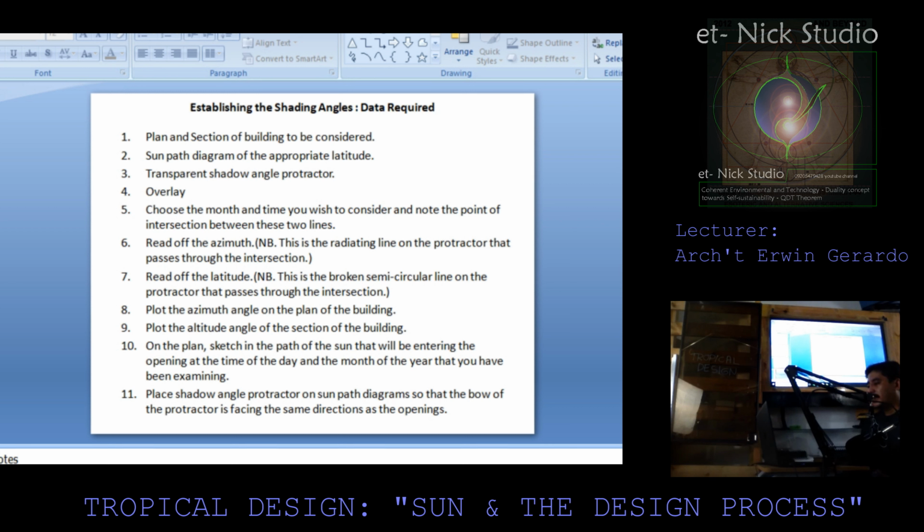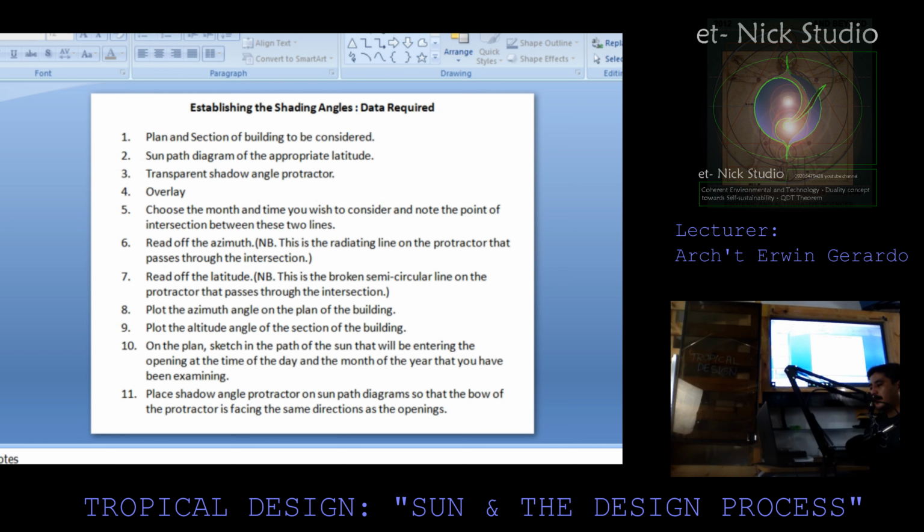Number seven, read off the latitude. Note, this is the broken semicircular line on the protractor that passes through the intersection. Number eight is plot the azimuth angle on the plan of the building. Number nine, plot the altitude angle on the section of the building.